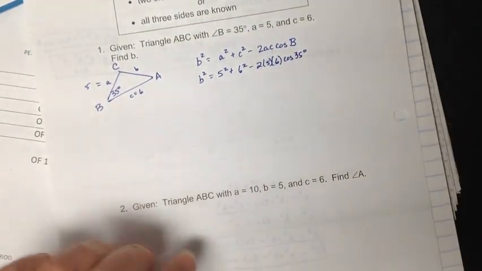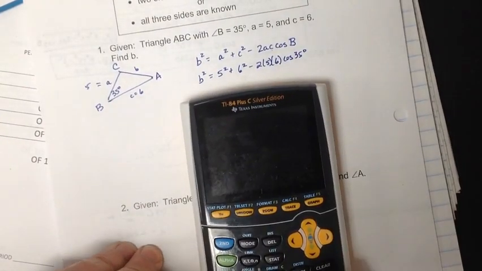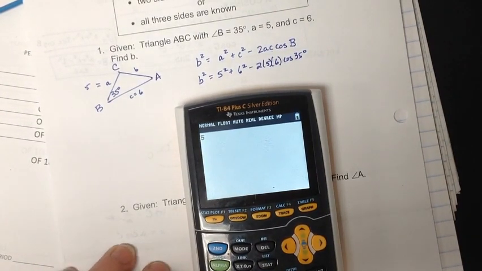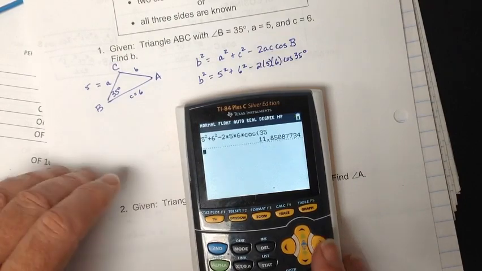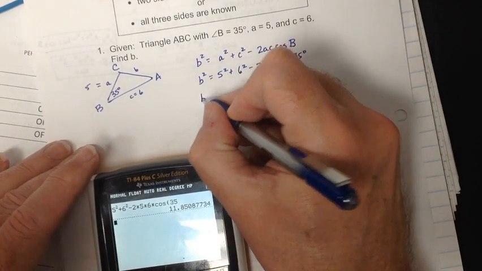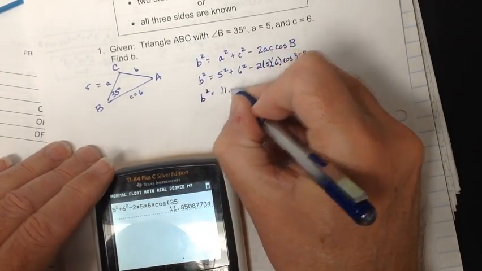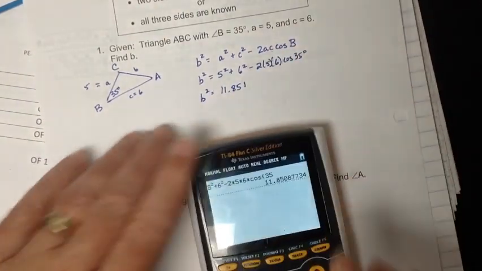35 degrees. All right. If I put all that in the calculator, 5 squared plus 6 squared minus 2 times 5 times 6 times cosine 35 degrees. All this gives me that B squared is approximately 11.851. I'm going to leave it in the calculator.